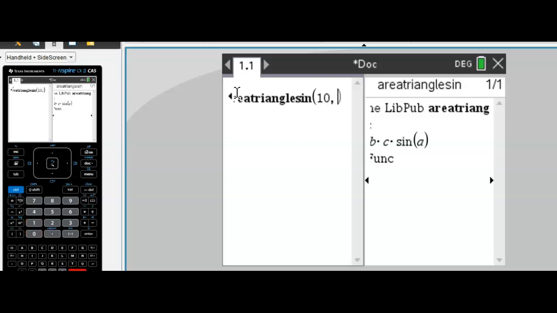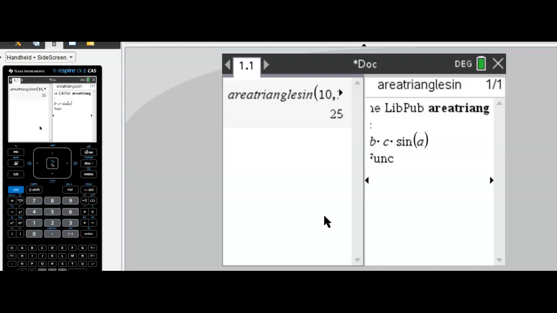I'm going to do 10, 10, 30. All right, so I know that's correct because B times C, so 10 times 10 is 100. Half of that is 50, and then sine of 30 is half. So I know my exact value. So the answer is correct at 25.